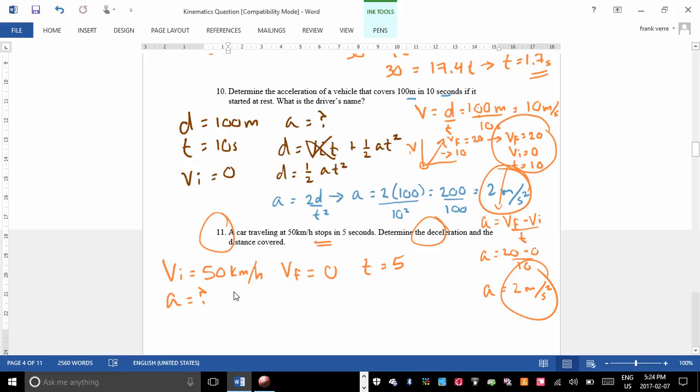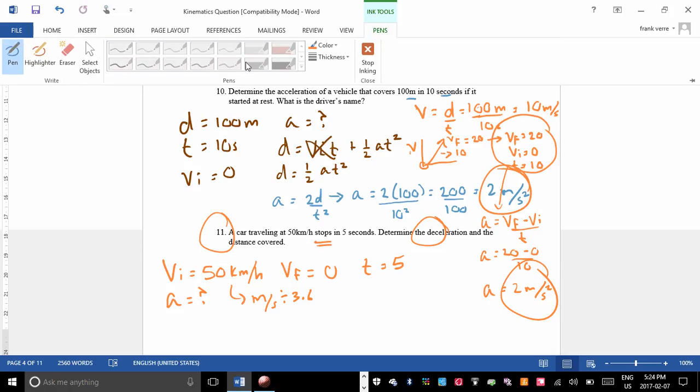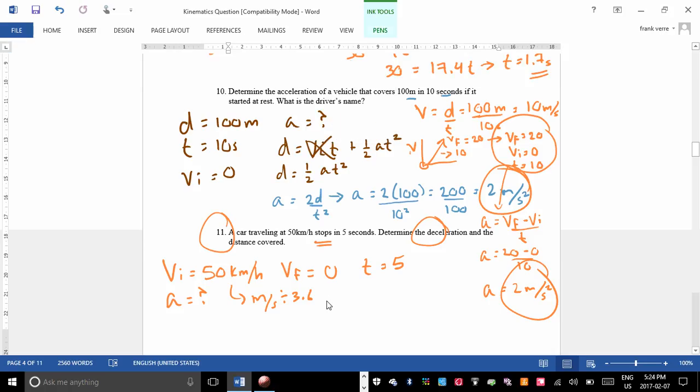You don't have to, but let's say we convert it to meters per second. We know we have to divide by 3.6. So then that will give us an initial speed, I believe it is 13.7 meters per second. But let's just double check that.